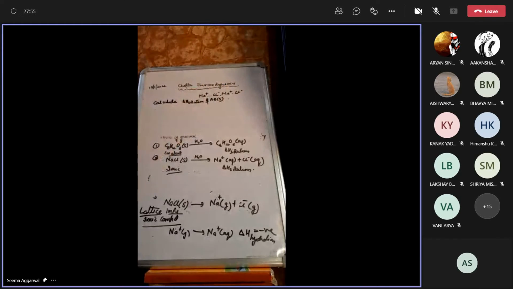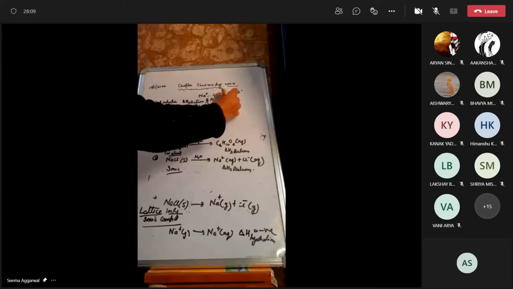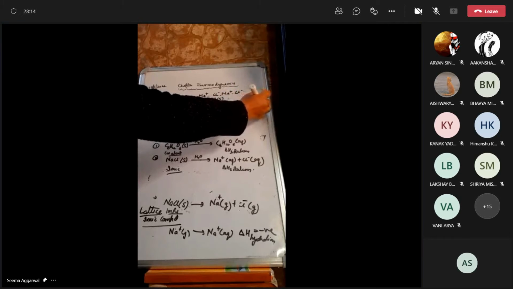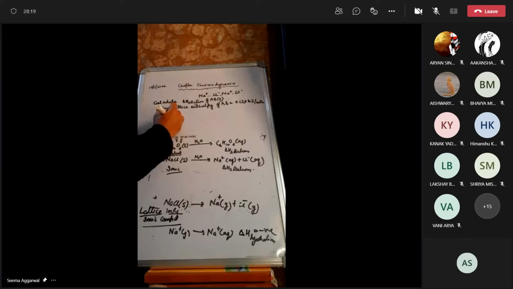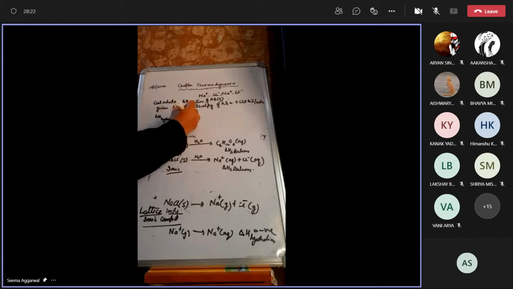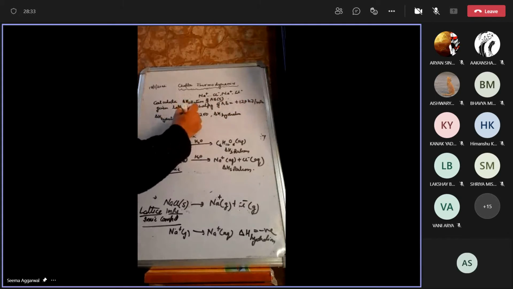You are given a solid and you have to calculate this delta H solution, given: lattice enthalpy of AB is plus 120 kilojoules per mole. Delta H hydration of A plus ions is equal to minus 200. Delta H hydration of B minus. A plus gases. Hydration is always for gaseous ions.